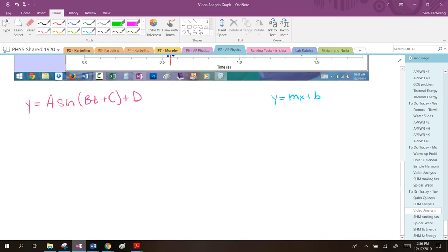C and D don't really matter, because really all they're doing is shifting it over and up and down. That's it. So those shifts don't really matter. The things that I care about the most in this statement are the A sine B times T. And I want to tell you what those things mean, okay?